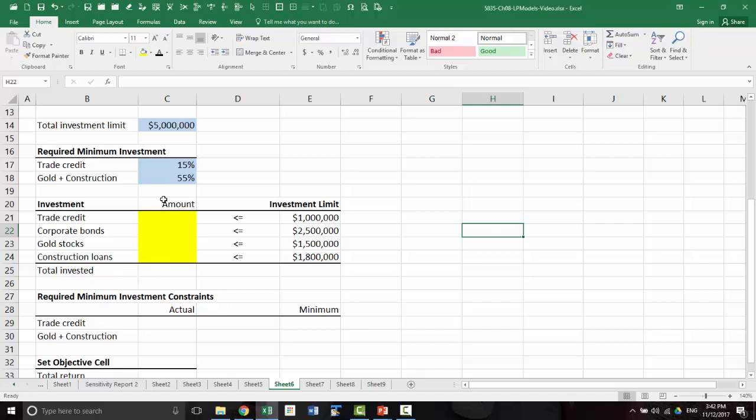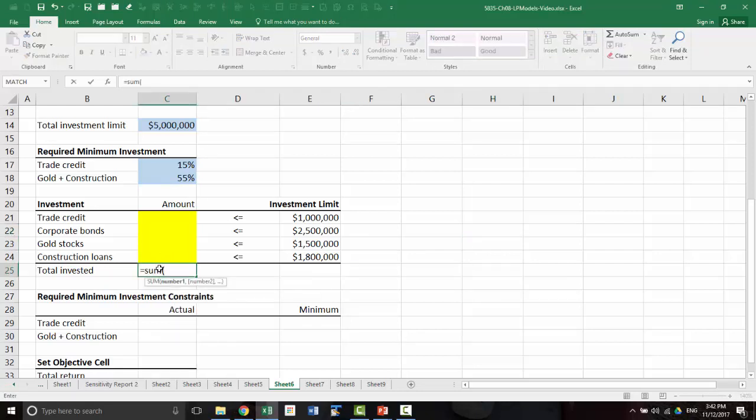That's going to be based on how many dollars we invest in total, so we have to sum these amounts. All of these must be dollar amounts, so let's change it to currency and get rid of the decimal places.